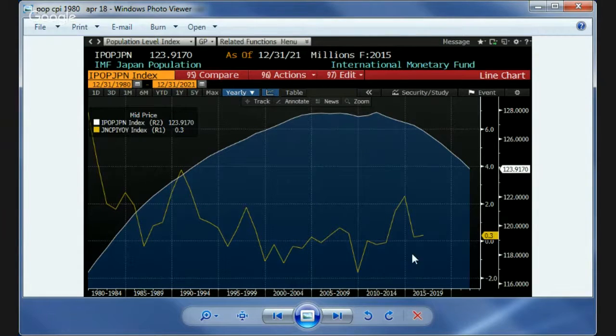You could make some sort of argument that right here, as the population really begins to tail off, you get a drop. But this chart is not giving you a close enough correlation, but I just wanted to show it to you because I thought it was a little interesting.